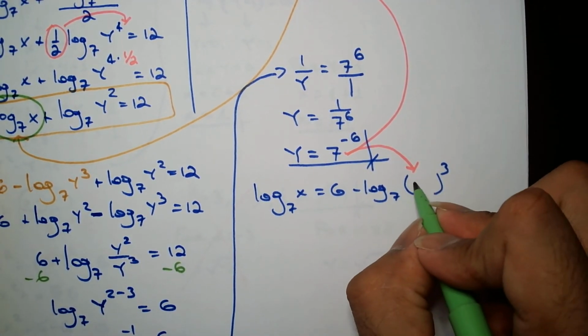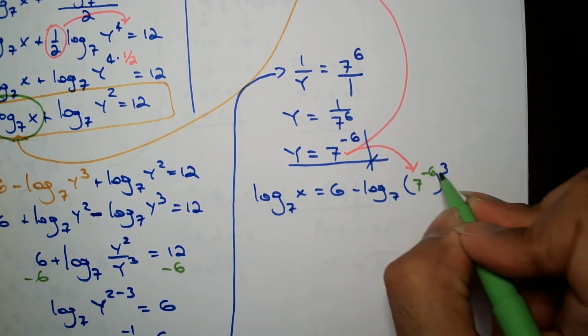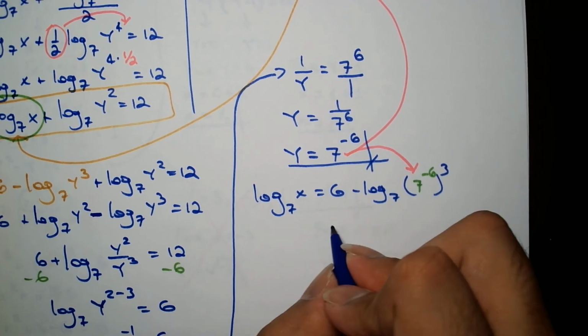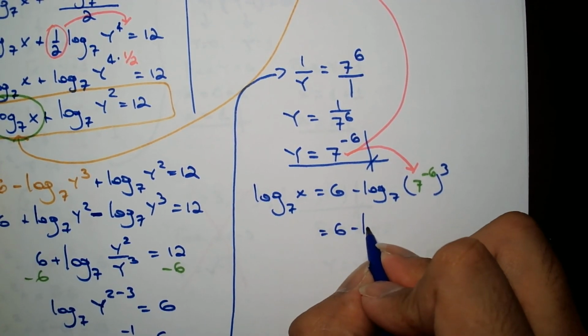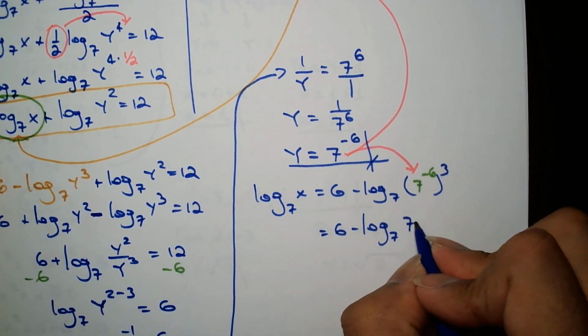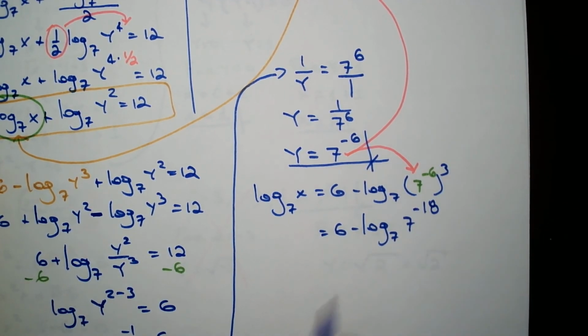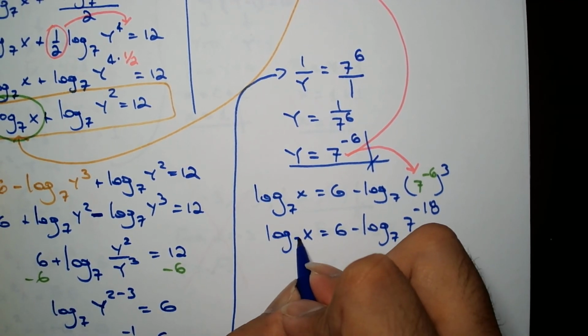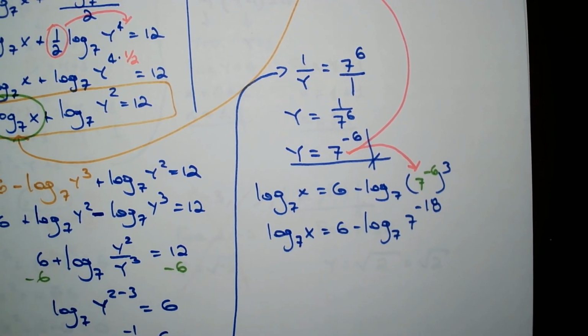So what we do, this is basically going to be here. So 7 to the negative 6, power of another power, multiply the power. So 6 times 3, that's 7 to the negative 18. And then log base 7 of x remains the same on the left hand side.